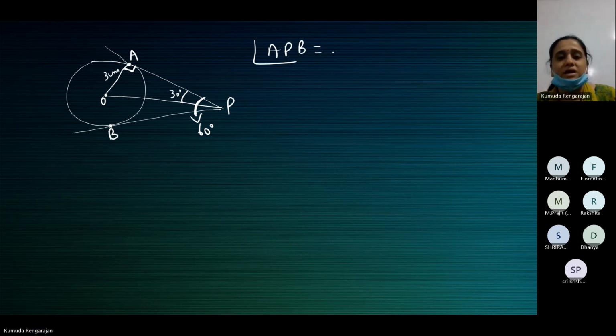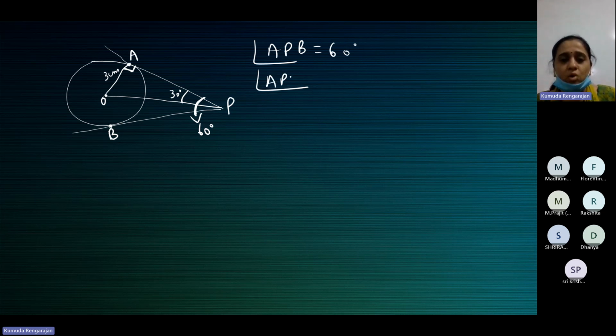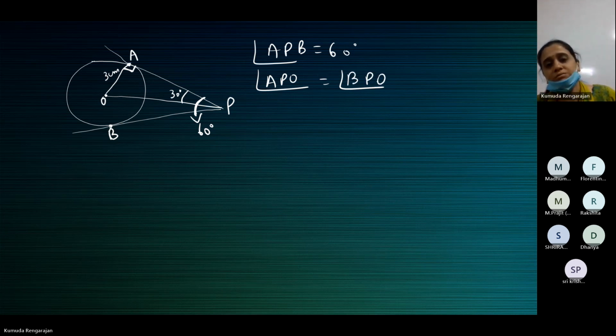So now in this right triangle, we need to find the length of the tangent, meaning PA, PB. What's the trigonometric ratio to be used here? Tan 30, ma'am. Okay, tan 30. Angle APB is 60 degrees, so angle APO is equal to angle BPO is equal to 60 by 2, 30 degrees.